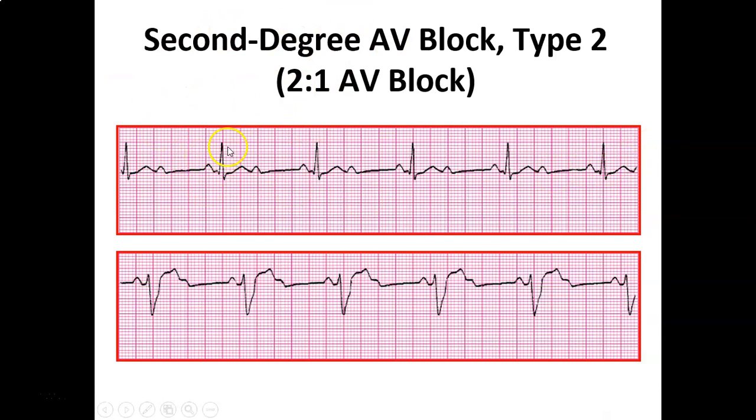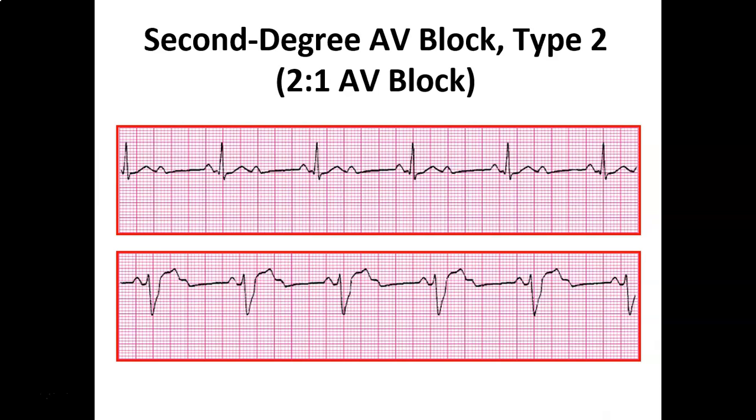Look here, the rate is slow and it's regular. Some P waves are conducted to the ventricles, some are not. One is conducted, one is not. So this is second degree AV block, but it's 2 to 1 AV block. One is conducted, the other is not conducted.